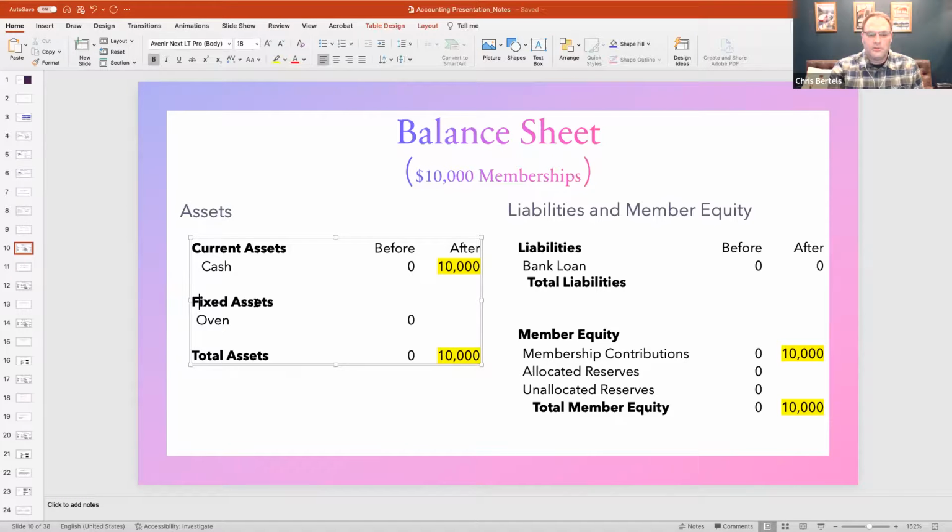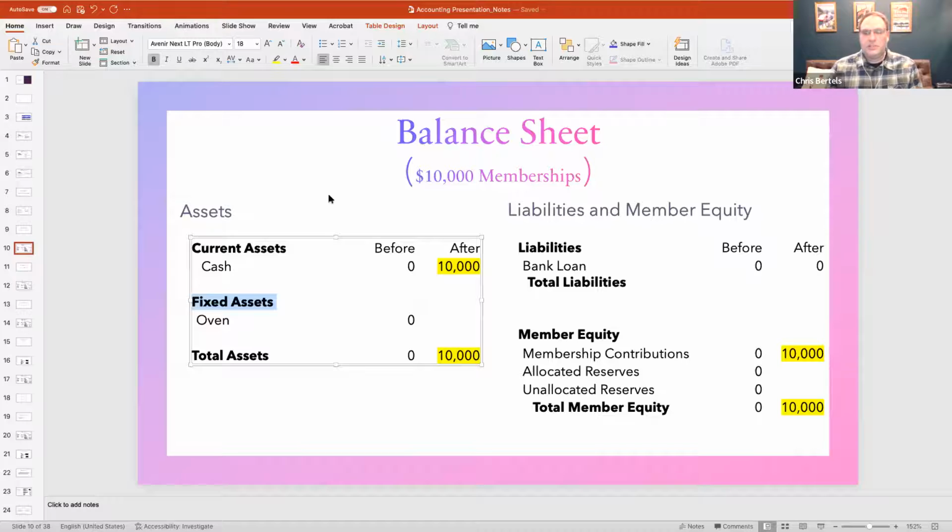Fixed assets are a subcategory of asset, and that refers to assets that are going to last more than 1 year. Like an oven, for instance. You would expect an oven to last a long time. I don't know how long an oven lasts, but it's definitely more than 1 year. That's why it's a fixed asset.